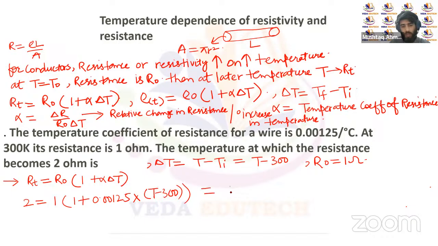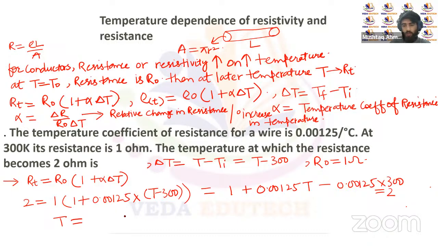So it will be equal to 1 plus 0.00125 T minus 0.00125 multiplied by 300, and that's equal to 2, correct? So 2 minus 1 will be 1.